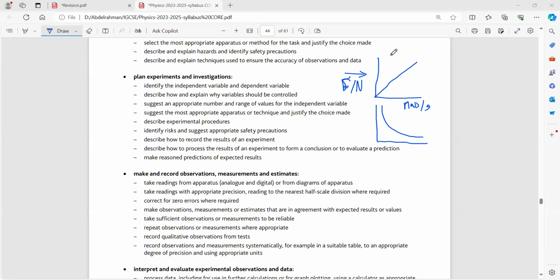For example, if I have some water and I leave this water for a certain time, then the temperature, slash degrees Celsius, would start to decrease in this way. This is an inversely proportional graph for the time slash temperature, especially for the rate of cooling. Okay, this is the rate of cooling. Any rate of cooling graph would be drawn like this.